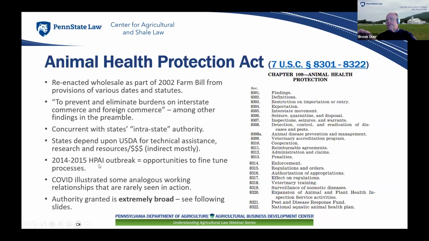In 2022, continuing to today, same thing. High path avian influenza in poultry has caused a lot of economic devastation. But the systems are getting better, and it's certainly running a lot more smoothly. Taking lessons learned and using them immediately is probably the best way for a government entity to get better at what they do, and that's certainly what's been going on here.